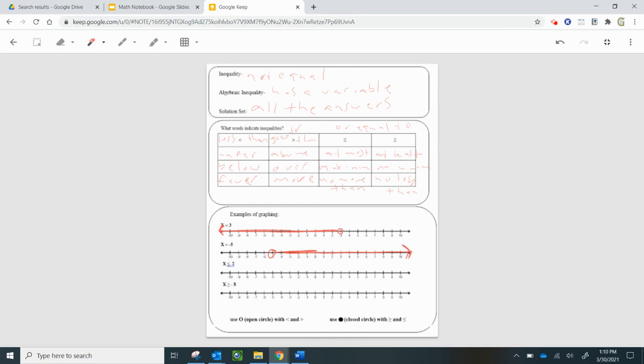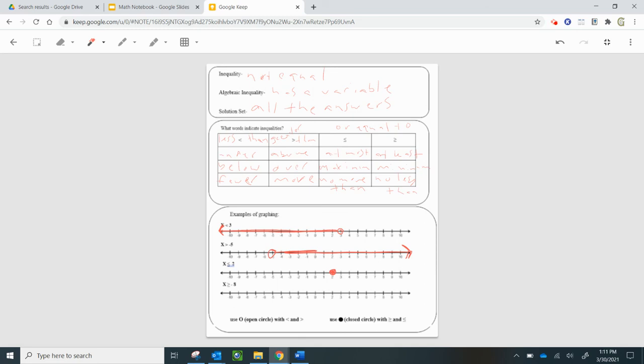For x is less than or equal to 2, I start off the same, so with a circle. But now that it says or equal to, it means it could be equal to. So I'm going to fill it in to show that it could be that number. And then I need less than or equal to. So again, I've got to find lesser numbers.